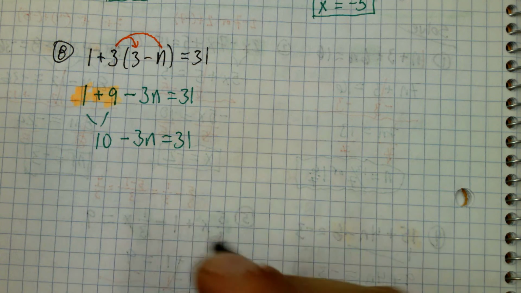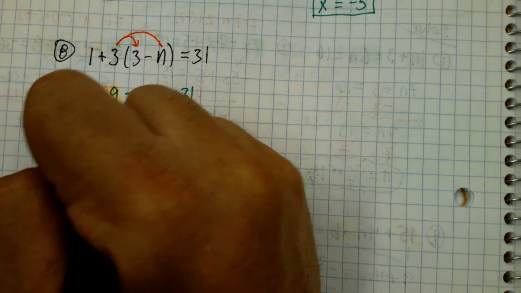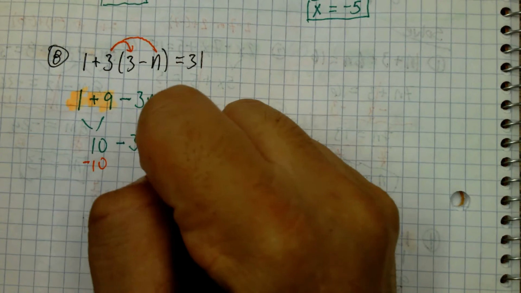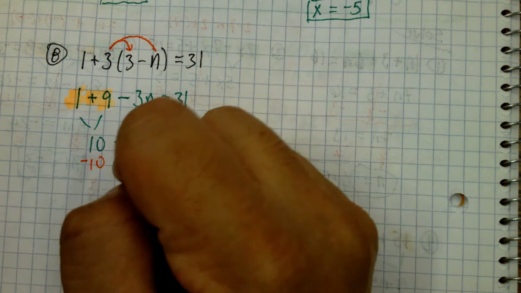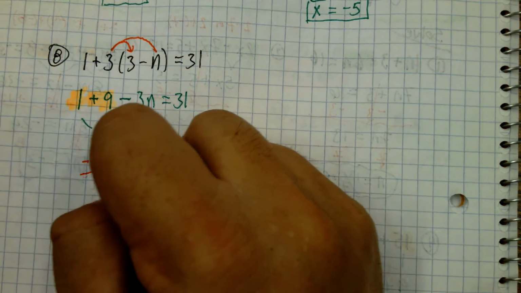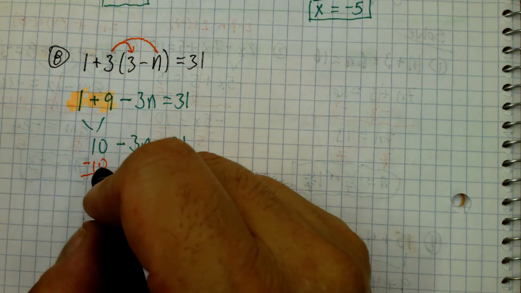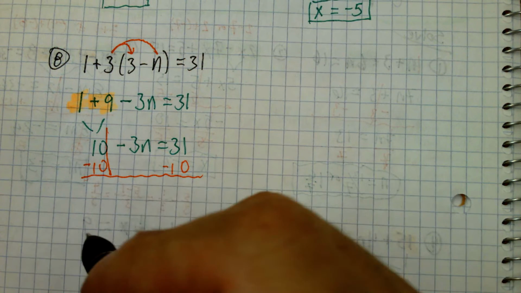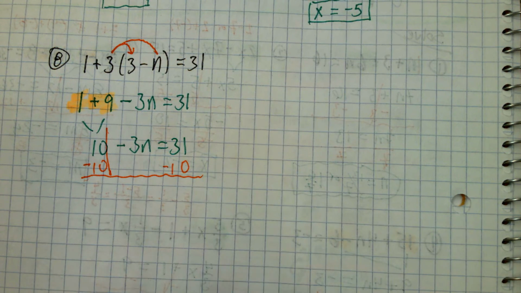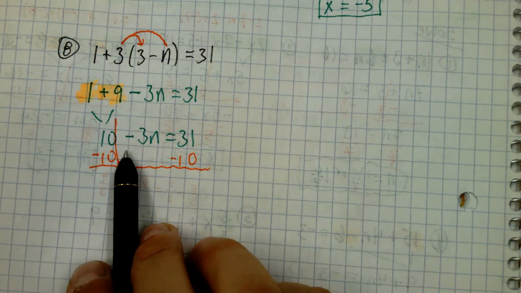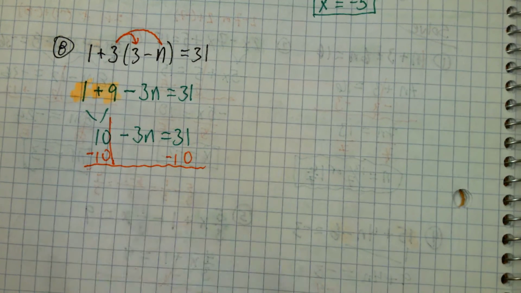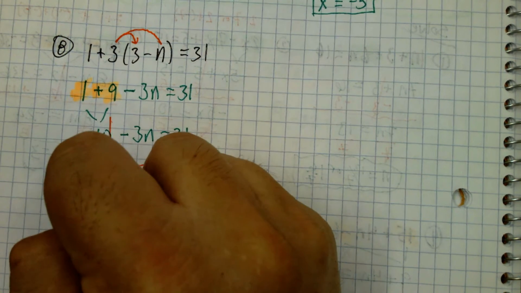So now, two-step equation. Let's get rid of this 10. Let's subtract 10 from both sides. 10 and minus 10, 0, so it goes away. Another thing I'm noticing, sometimes you'll forget to bring down the minus in front of the 3n. So that makes it negative.